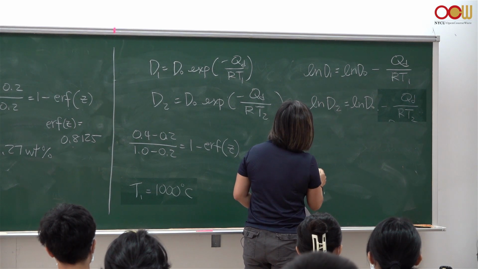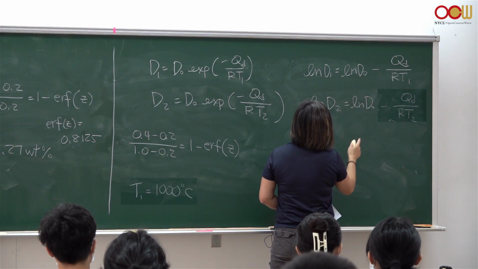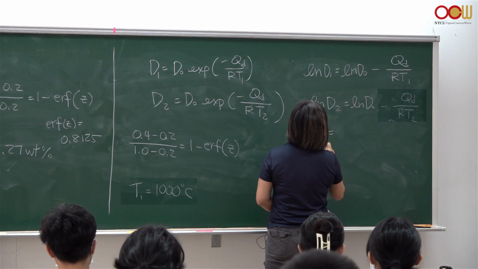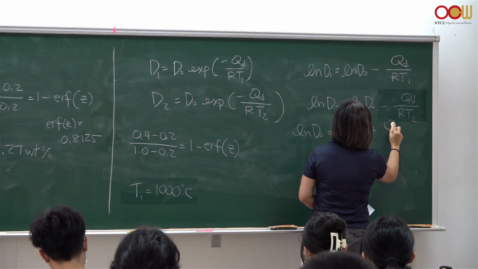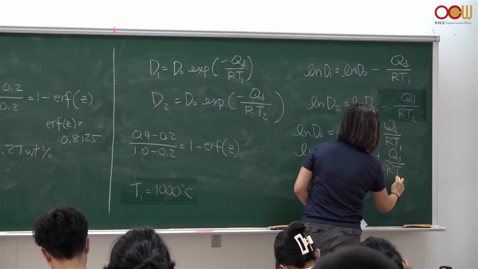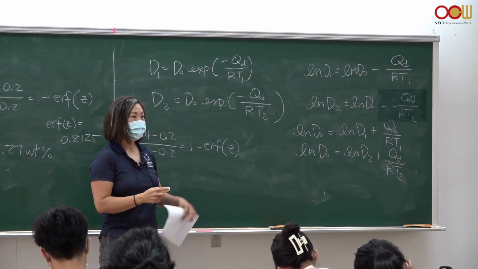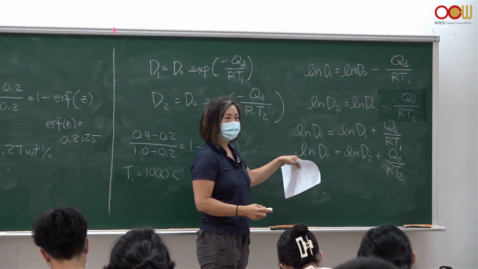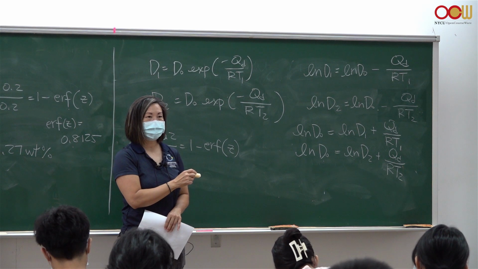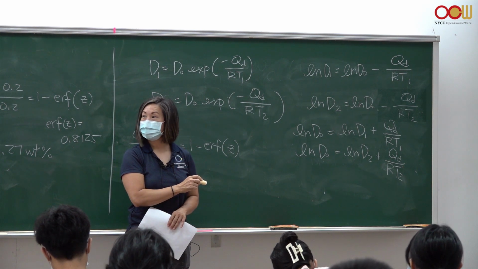So I can move things around so that I can write this as ln D0 equals, and then you set these two equations equal to each other. Because D0 is a constant, it's not going to change based on the temperature.